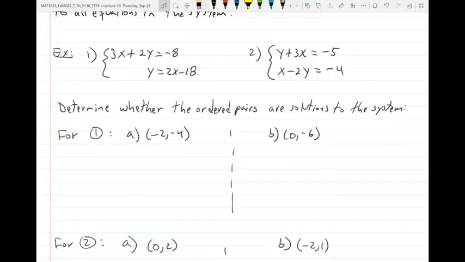You plug into both equations. And what must happen for you to say yes? You plug in, and then what? Just think about it. What do you do after you plug in?